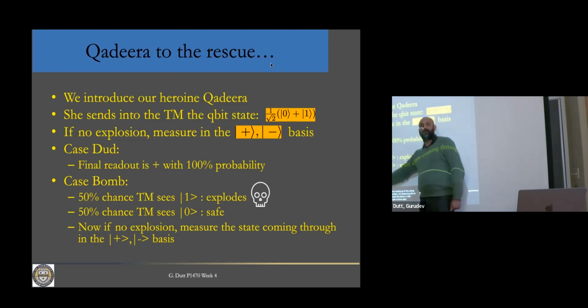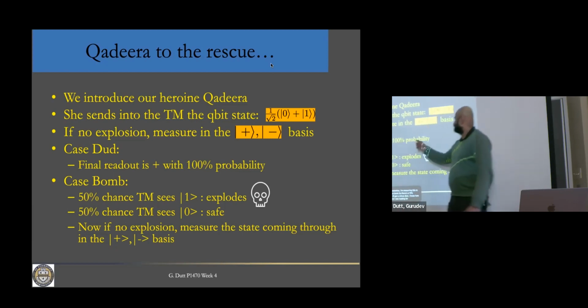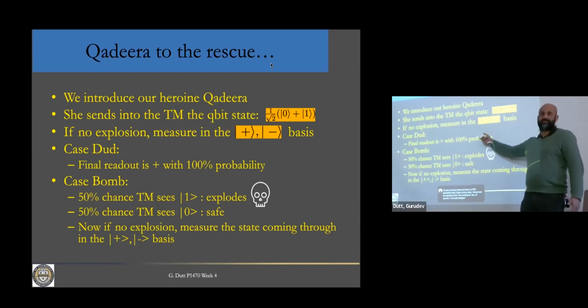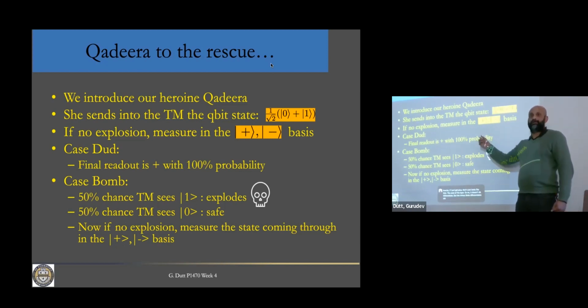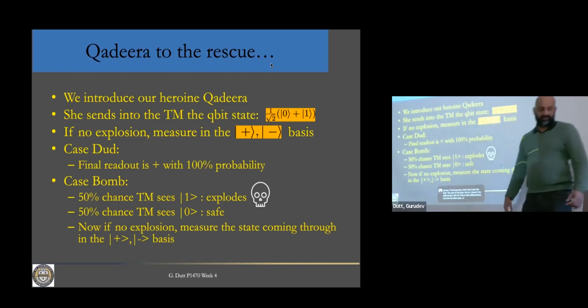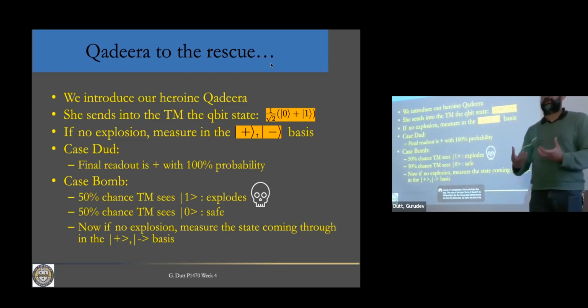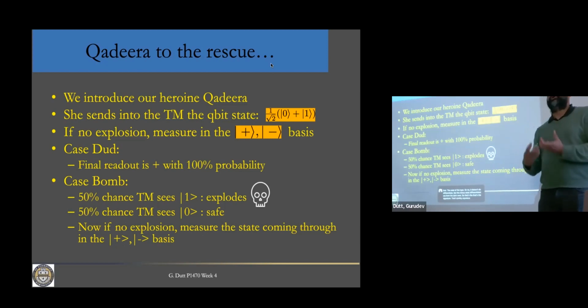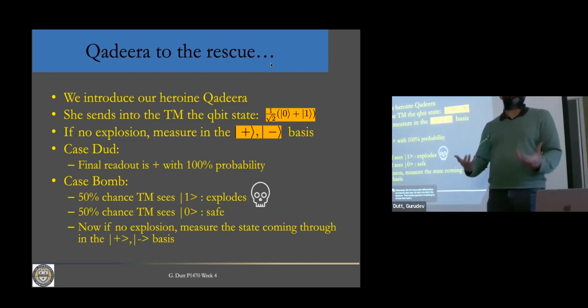Aha. I now have the signature that I was looking for. Because of course, if I just get plus, that just looks like the case of the dud. So no, it doesn't differentiate. But the minus state differentiates me from the dud case. So that's the critical signature I'm looking for to know that I have a bomb without exploding it.